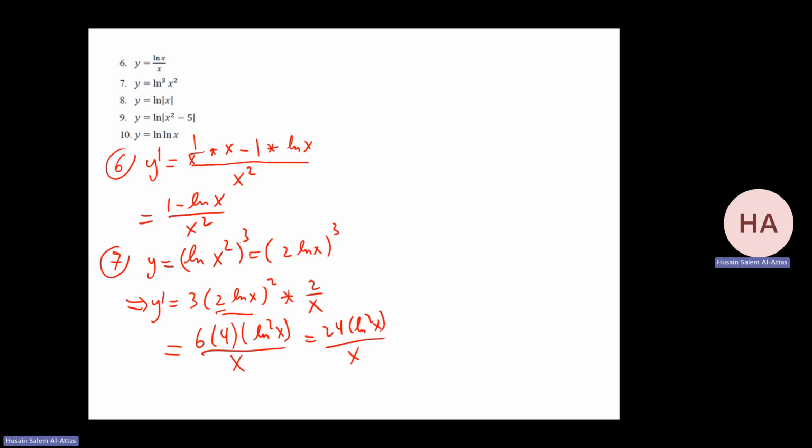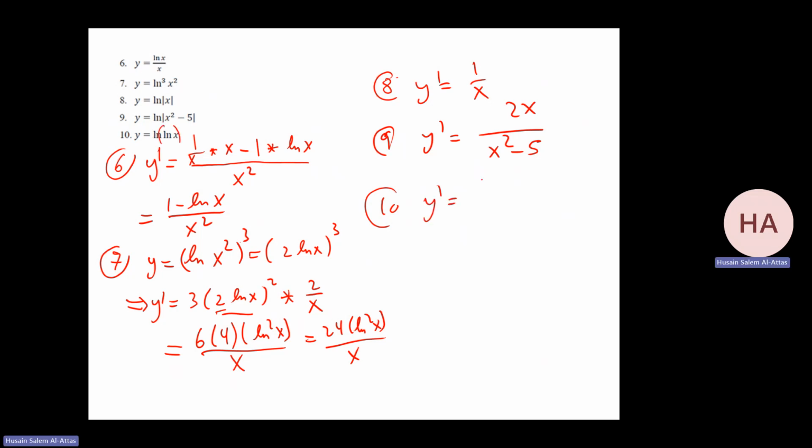Okay. 8. 8 we did before. y prime will be 1 over x. 9. y prime will be x squared minus 5 times 2x. 10. ln of ln. So I have, this is u.